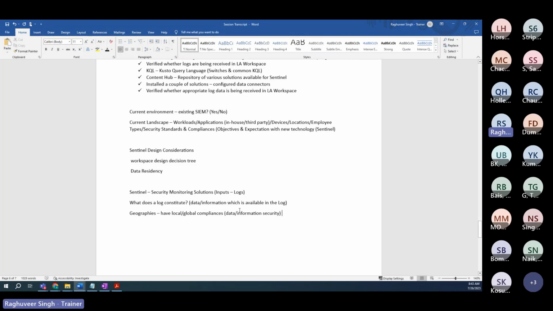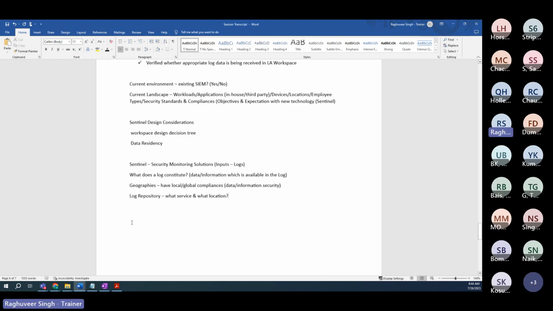So you will need all of this information: what are my inputs, what types of logs am I collecting, and where exactly am I collecting those logs? That also means the log repository. What is my log repository, what service, and what location?